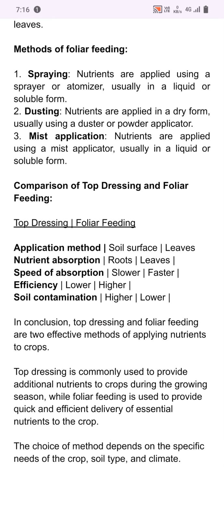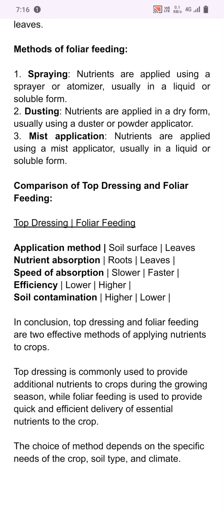Comparison of top dressing and foliar feeding. Application method: top dressing is on the soil surface, foliar feeding is on the leaf surface. Nutrient absorption: in top dressing, nutrient absorption is through roots; in foliar feeding, nutrient absorption is through leaves.